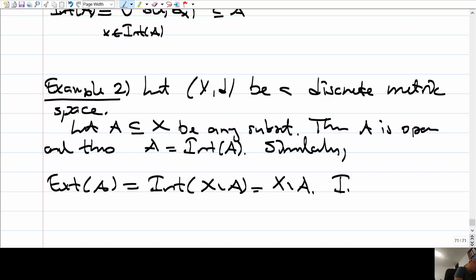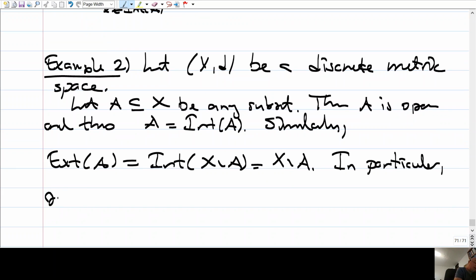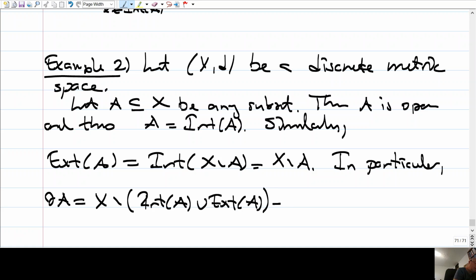In particular, the boundary of A, which is X minus the interior of A union the exterior of A, is X minus (A union X minus A).